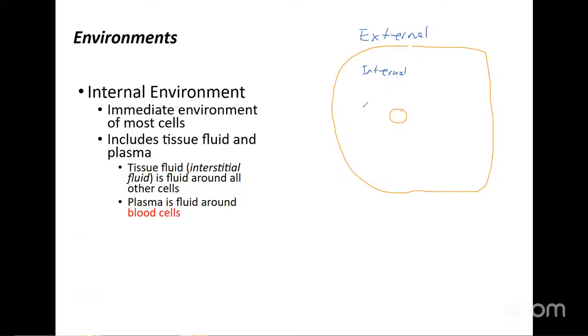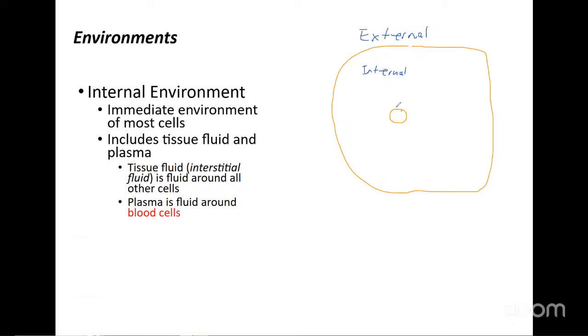Okay. So all of these cells are going to contain fluid inside them, and they're going to be surrounded by fluid. So we're going to have fluid inside the cell, we're going to have fluid outside the cell, and we're going to be interested in both. Now, depending on where our cell of interest is, the surrounding material is going to have two different names.